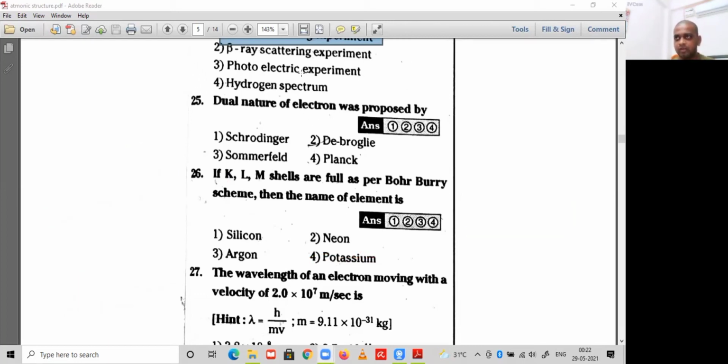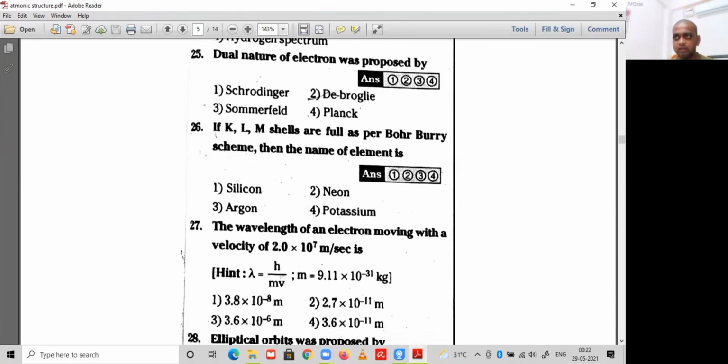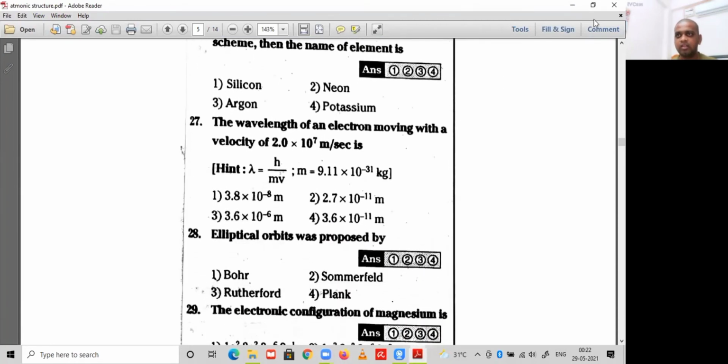And coming to the 27th question: the wavelength of the electron moving with the velocity 2 into 10 to the power of 7 meters per second is. Now look here, we have the de Broglie expression.